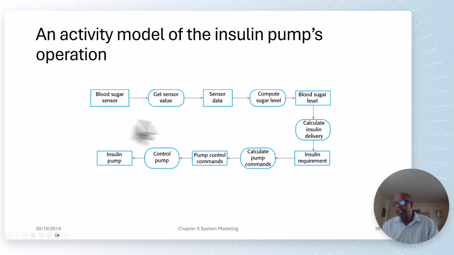Look at the boxes as being classes, and look at the circles as being actions. So I get the sensor value, I save it, I compute the sugar level, I put that in a repository for blood sugar level, and I calculate the insulin delivery. These are the steps that we go through, which give a description of what's happening with the requirement. This is associated with a requirement.